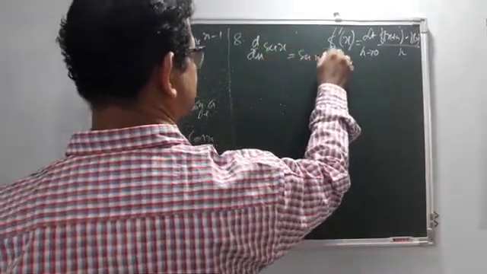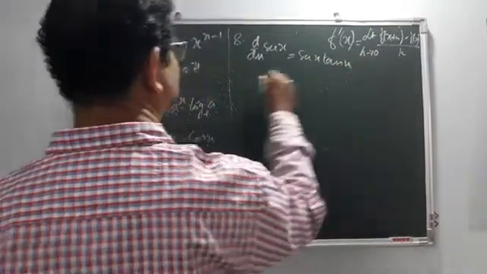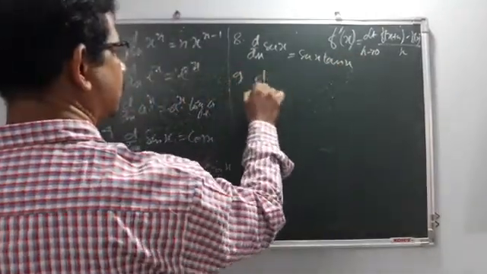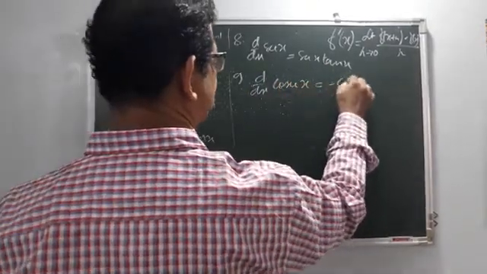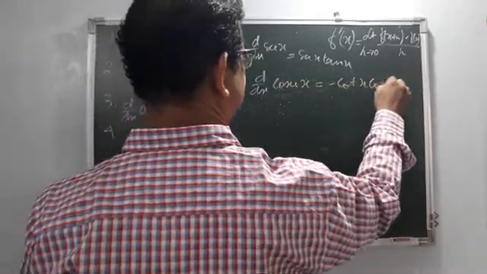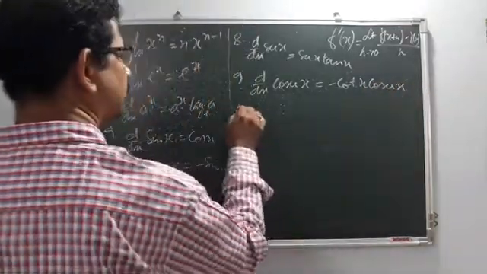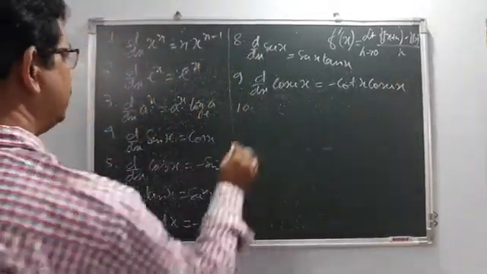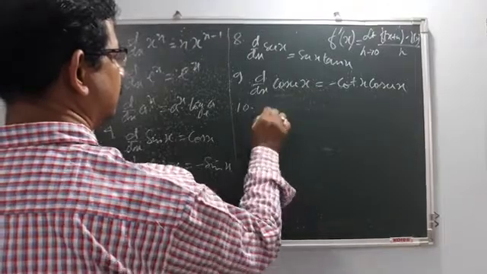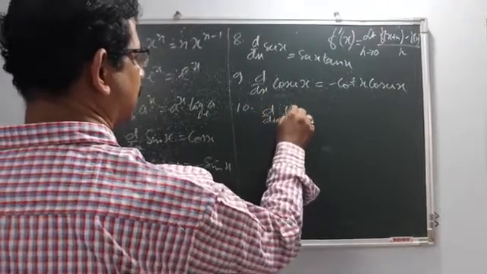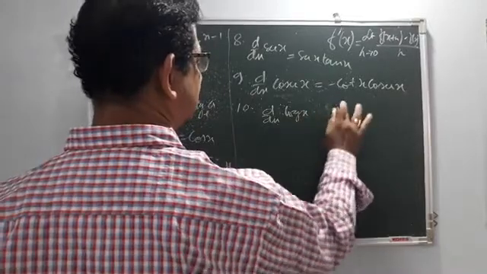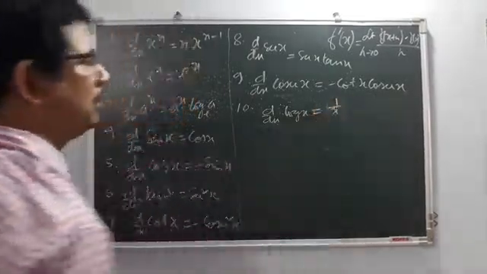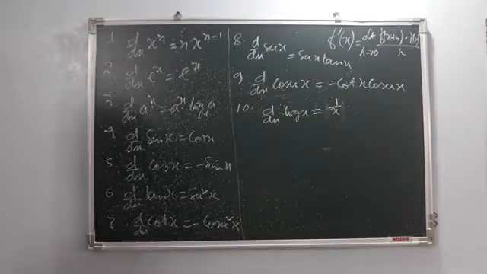Sec x tan x. d/dx of cosec x is equal to minus cot x cosec x. Then I have missed one. d/dx of log x is 1 by x. d/dx of log x is 1 by x.